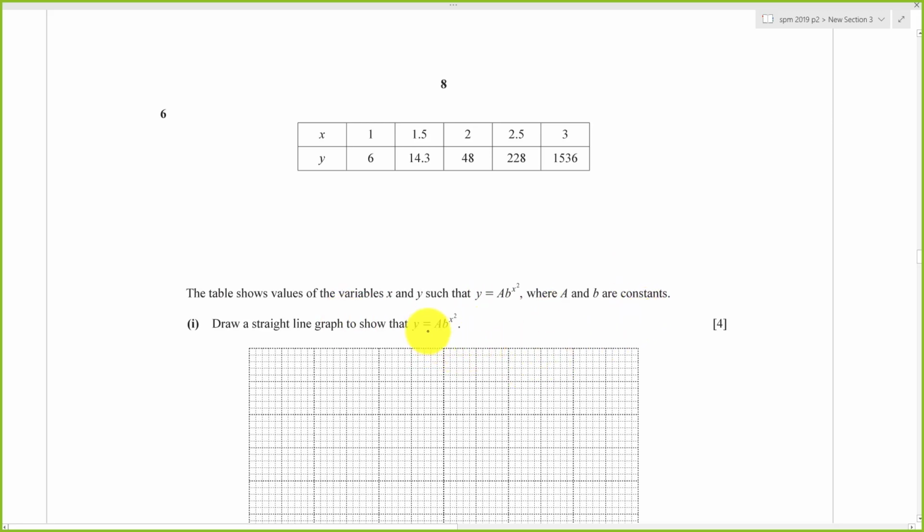So draw a straight line graph to show that y equals ab^(x squared). First thing, this is an exponential graph, so it should never be a straight line. So if the question asks you to change the exponential equation into a straight line, you know it's a linear law. Okay, so we need to solve this first.